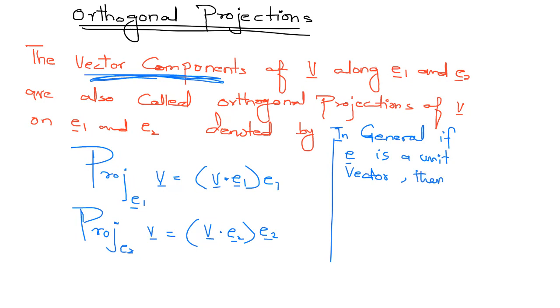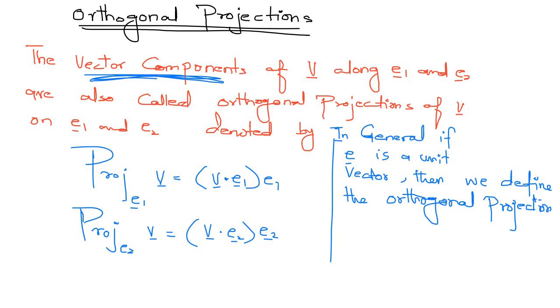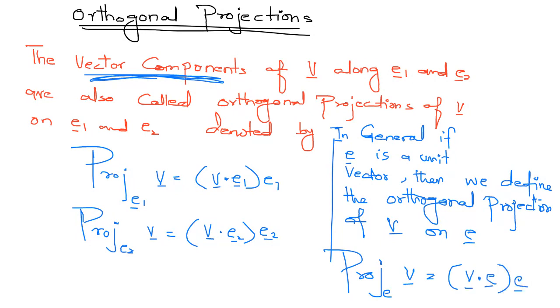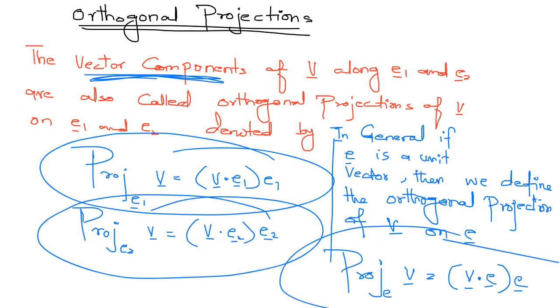Then we define the orthogonal projection of V on E like this one. Projection of V on E is equal to V dot E times E. Okay, so you have to use these formulas for finding the projection.